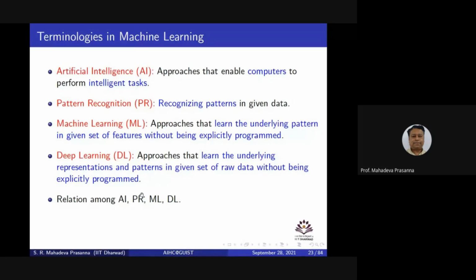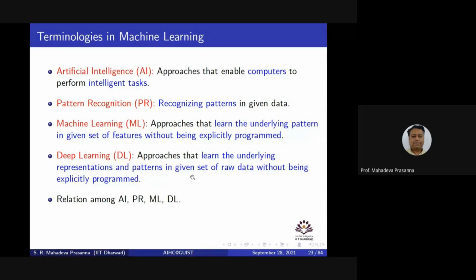Deep learning approaches will not only discover the patterns, but prior to that, they will also discover the underlying feature representation from the raw data. Whereas in conventional machine learning, we assume that the features are already extracted and given as data points to us, and the machine learning methods will automatically discover and model the underlying patterns.